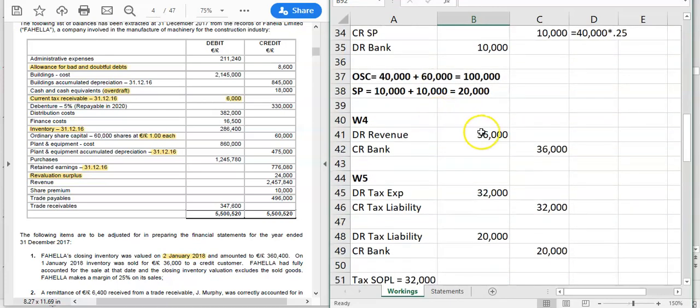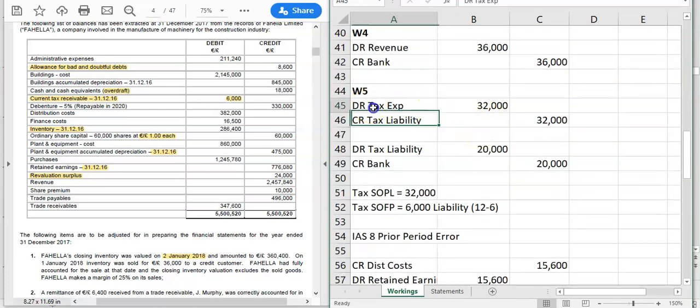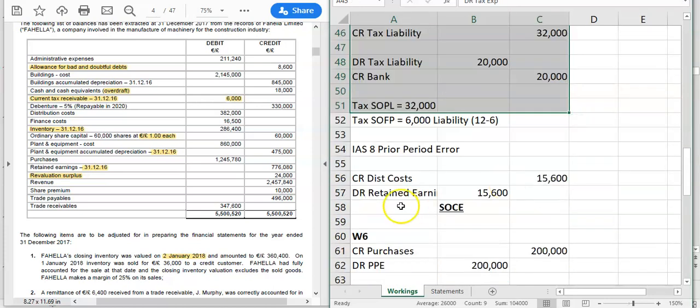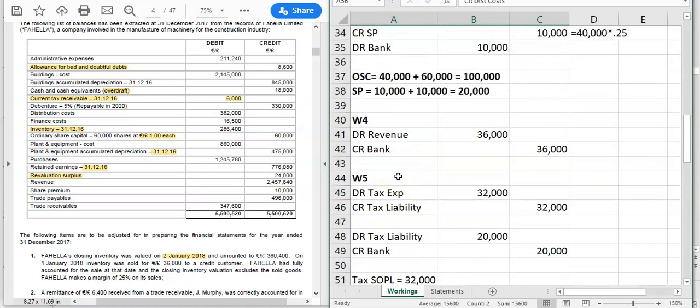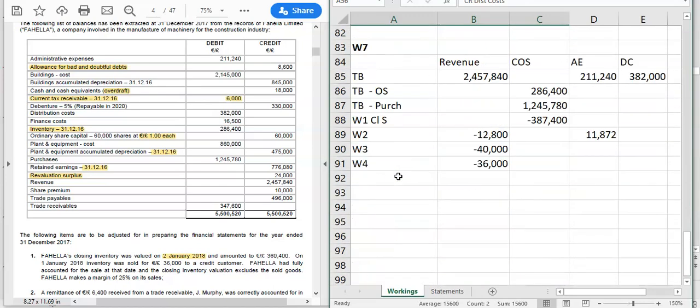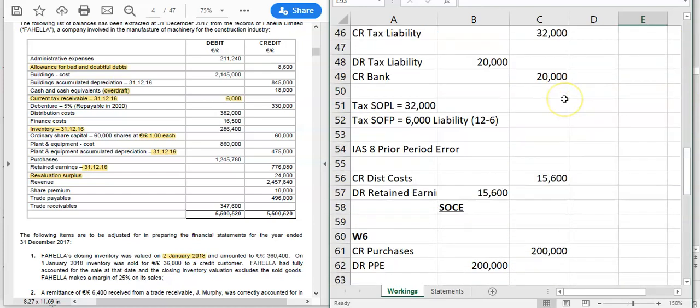Minus 40, minus 36. Here, no adjustment to the items we're looking at. But credit distribution costs, that means reduced distribution costs. Credit expense is reducing expense, working 5. So working 5, that is going to be a minus 15.6, which is reducing your costs. All very neat so far.